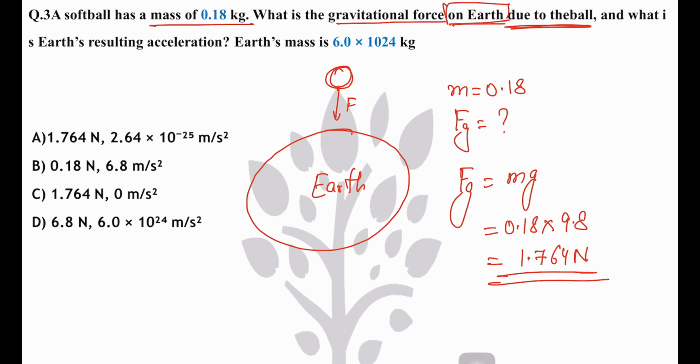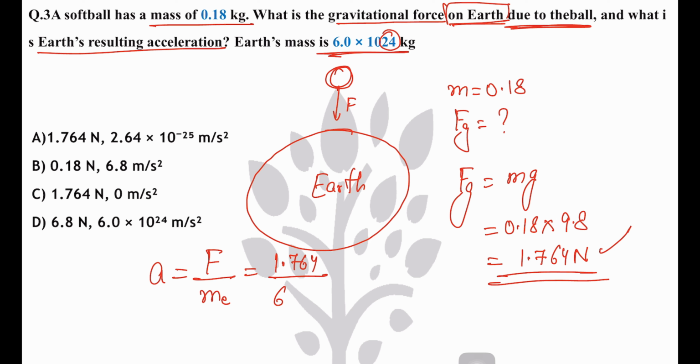And what is Earth's resulting acceleration? So Earth's mass is given. This is 10 power 24. So what do we need to find? The acceleration, the force due to the mass of Earth. What is the force? We already found it out. 1.764 divided by the mass of Earth, which is 6 times 10 power 24.